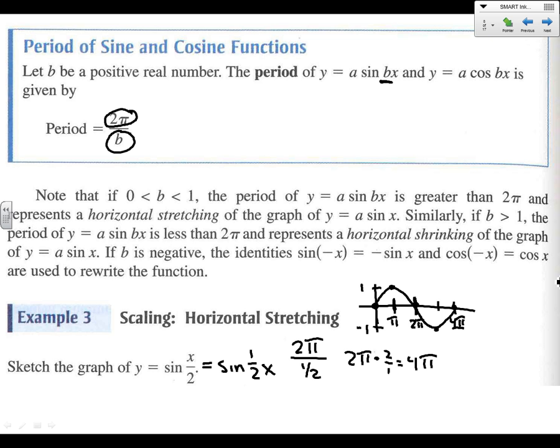We get pi. And then if you add those two things together, 2 pi plus 1 pi, we end up with our third point here, which would be 3 pi. Okay, first quarter, second quarter, third quarter, and fourth quarter. So it's not always going to be your normal pi over 2, then pi, all the way up to 2 pi, if we have horizontal stretching.